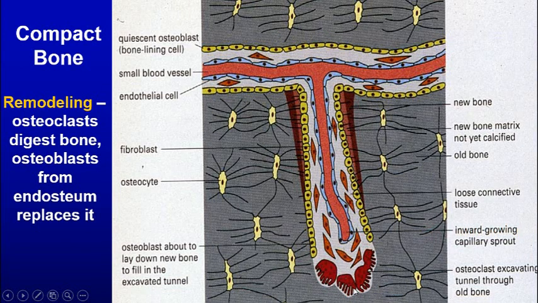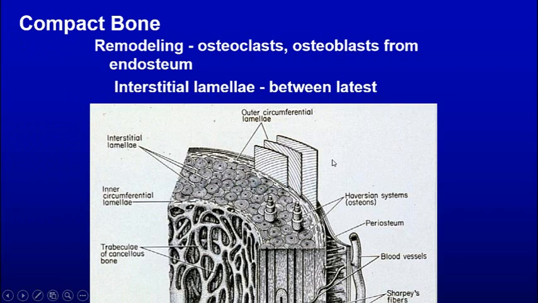Osteoblasts from the endosteum differentiate from these mesenchymal cells and fill in through there, and then finally it seals as an osteon or Haversian system, and this is the remodeling that we can see. So in terms of remodeling, osteoclasts dig a hole, osteoblasts fill it in from the endosteum, and then they close up the space.